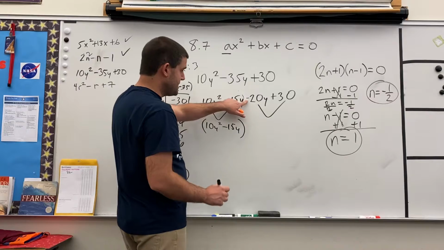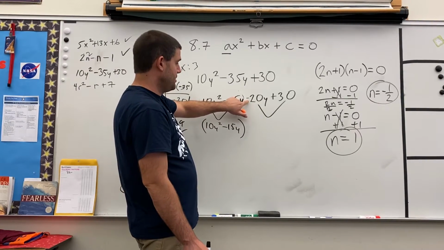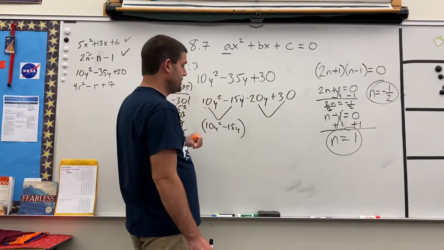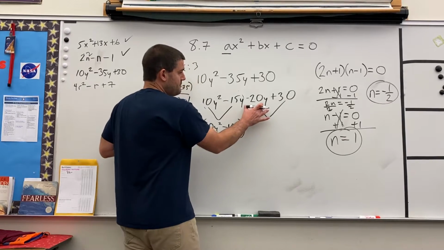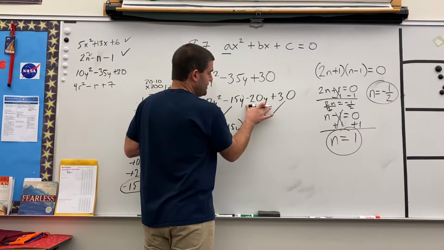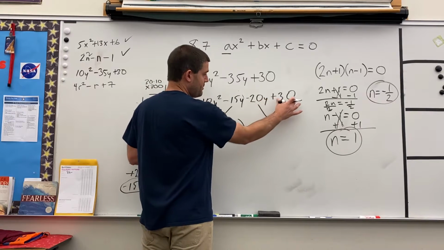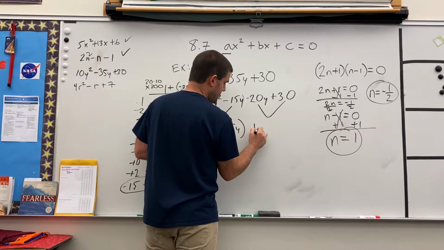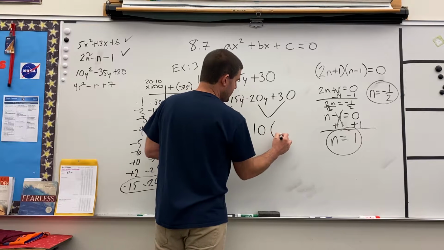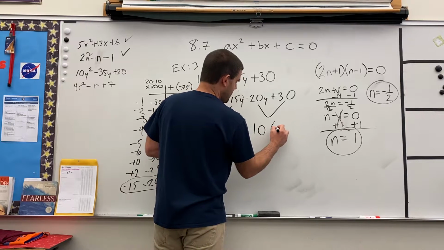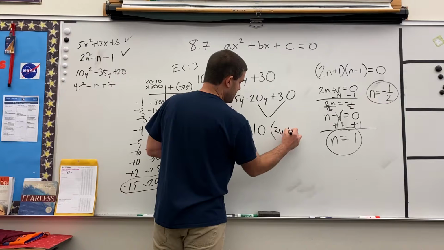Now, you have this negative right here, which will mess your problem up if you don't deal with it correctly. If I'm going to pull out something from both of these, then I have to pull it out of both of them. So I need to pull out a 10 from each one of these. We know that. And then it's left with a 2y plus 3.